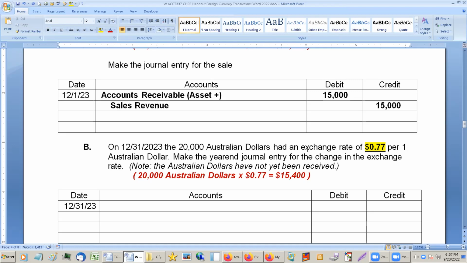Well, what are we going to do with that? Now, notice they haven't sent us the money yet. So we're not going to get cash for that. They haven't sent us the Australian dollars yet. Let me ask you this, is it going to be a gain or a loss?